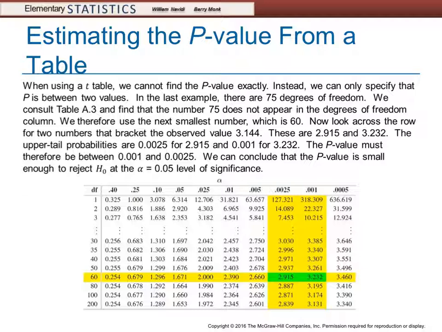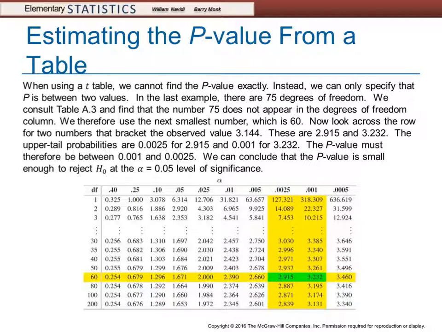Now look across the row for the two numbers that bracket the observed value 3.144. These are the numbers 2.915 and 3.232.